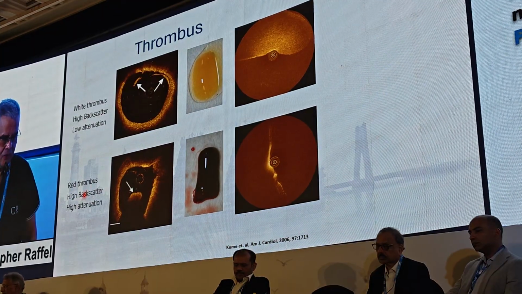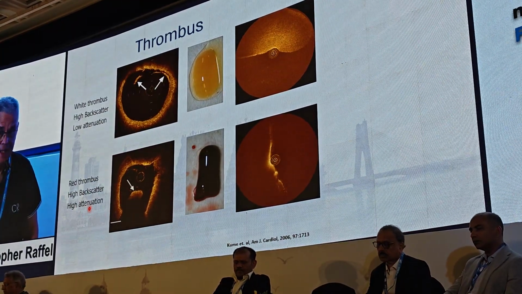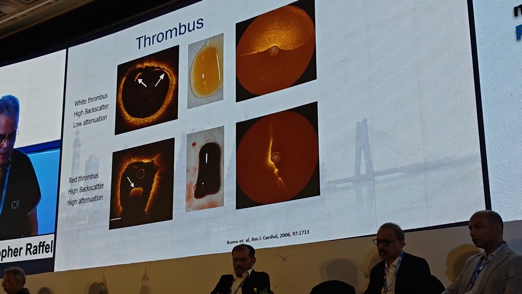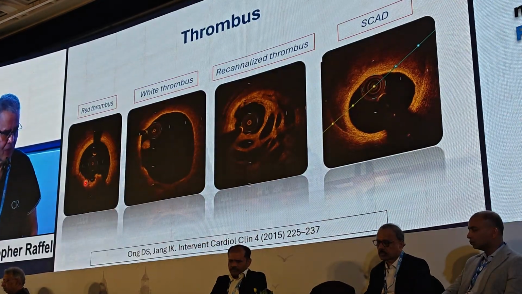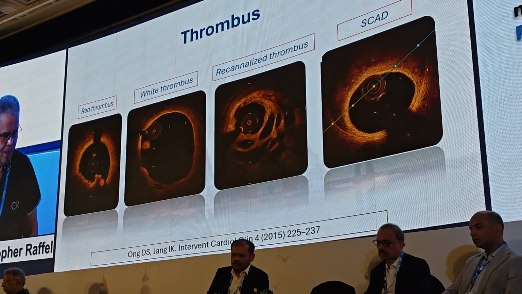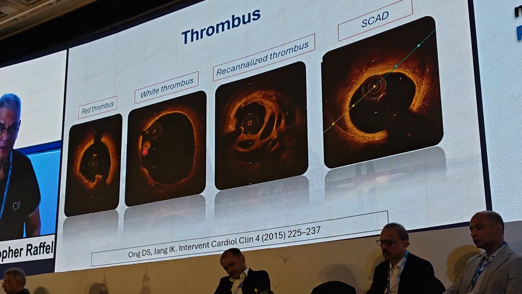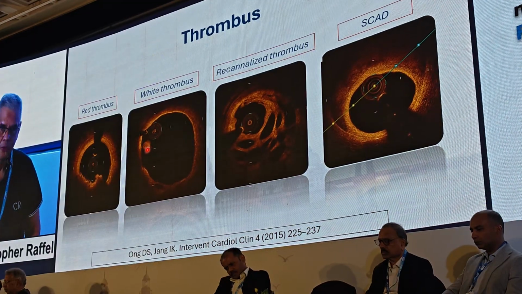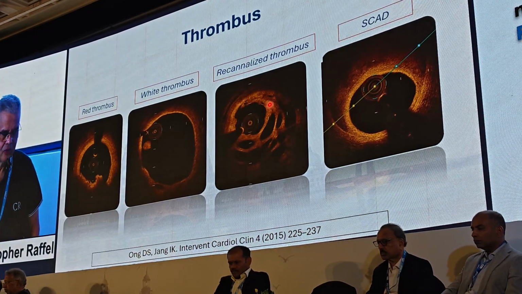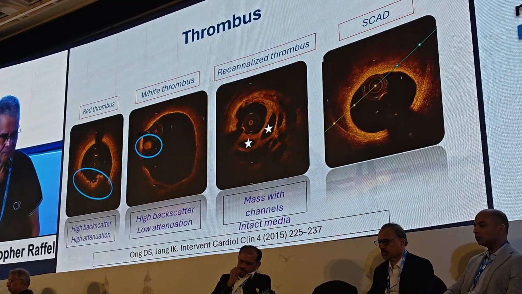Red thrombus is again high backscatter, so the surface is bright, but high attenuation, so it gets dark. And these are a couple of examples of red thrombus. Surface is bright, but deeply here it's dark. And white thrombus, this is a ball of little platelet-rich thrombus. It's bright throughout.